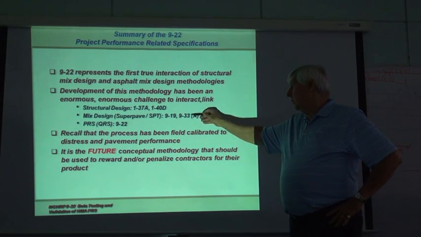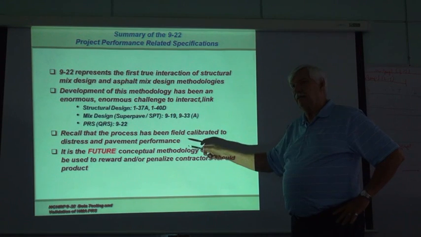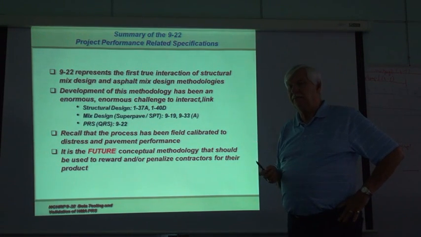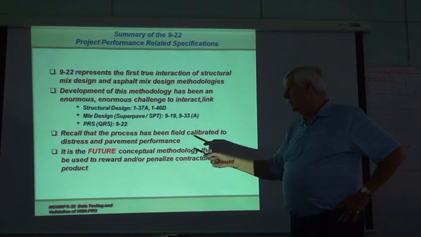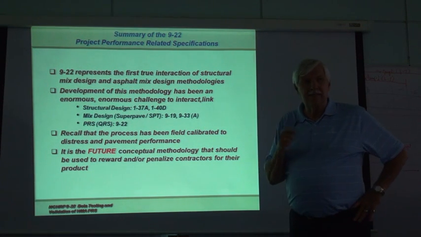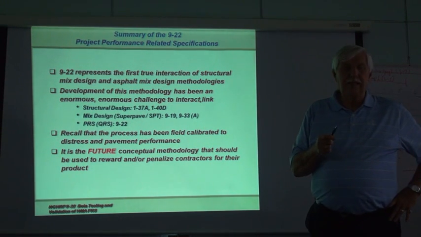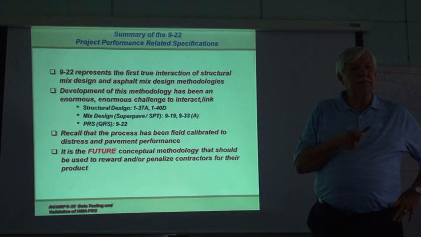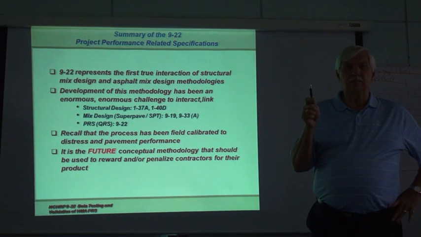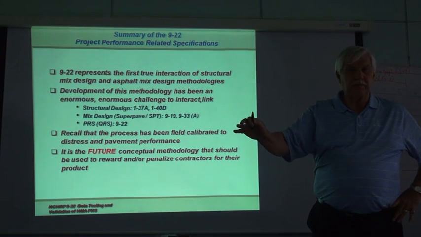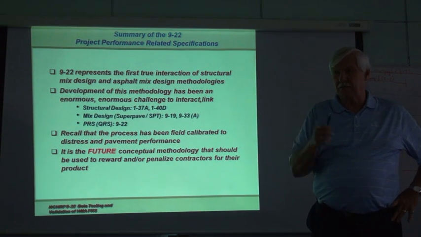Okay, the most important thing you have to realize about this, and people say I don't believe it, is that you have to recognize the MEPDG has been field calibrated by hundreds of field sections in the United States. So what we're doing is comparing performance that we know we can do a pretty good job predicting. We don't know how it'll be in Costa Rica yet. I'm sure you guys will find out.